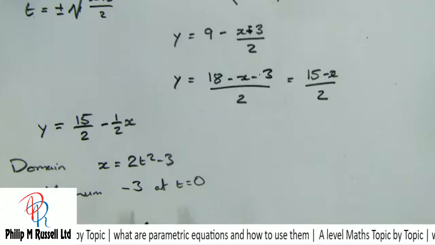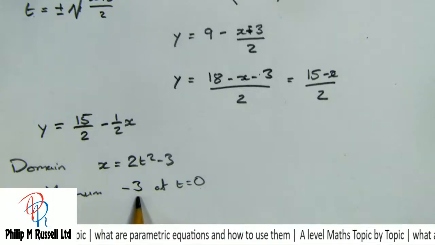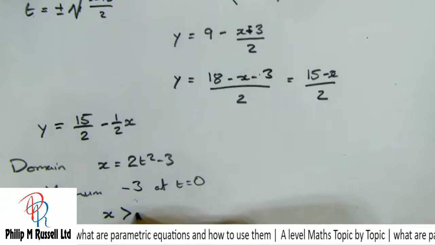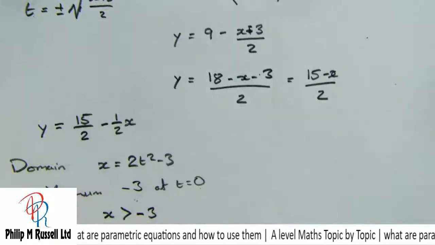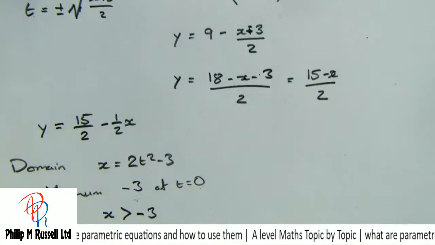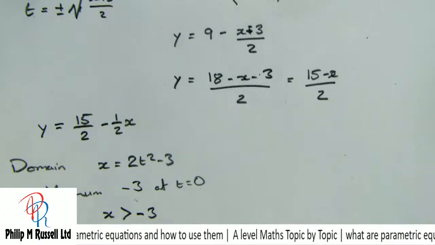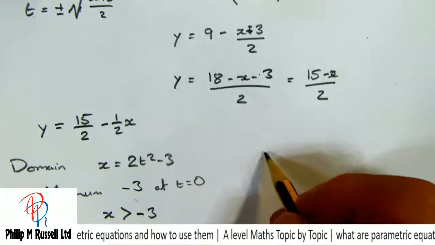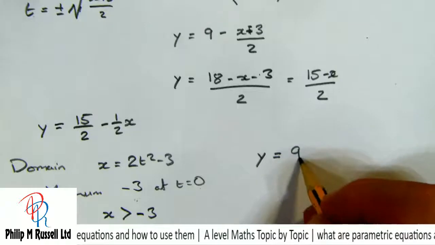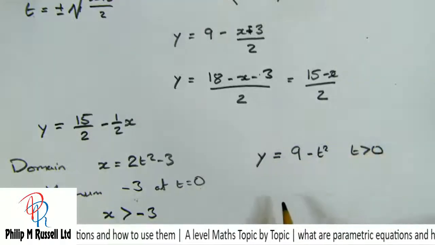So the range of this parametric function has got to go where x is going to be greater than something like minus 3. Let's have a look at y. I'm told that y equals 9 minus t squared when t is greater than 0.